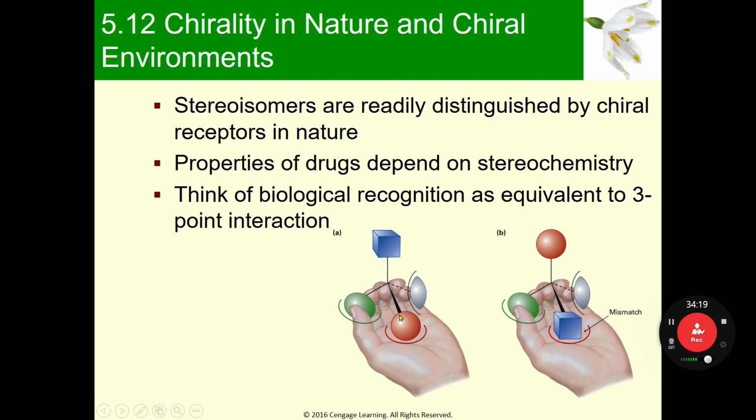We talked about chirality and stereoisomers, but actually most things in nature are chiral. The easiest example is your hand. Your right hand and your left hand are chiral, all right?